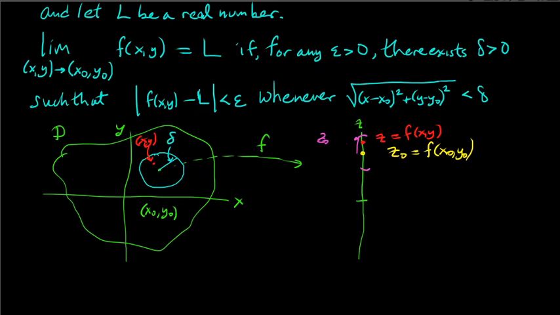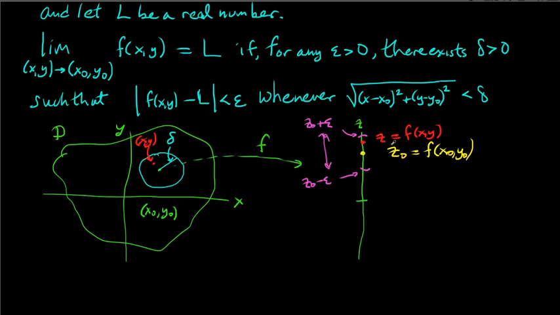So that's the idea. I know I'm erasing everything here. So this is z0 plus epsilon. This is z0 minus epsilon. And anywhere in between, your z could lie. If the z happens to be outside of that interval, then we don't get a limit.